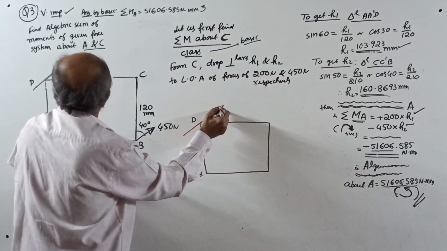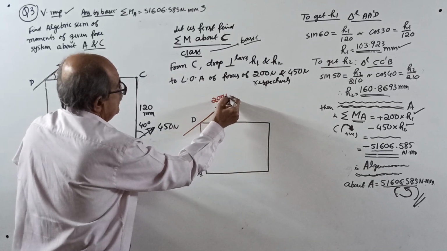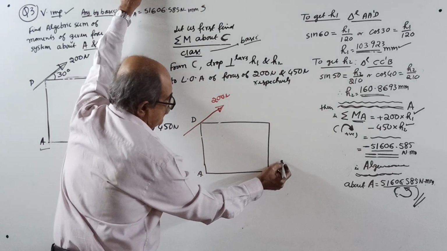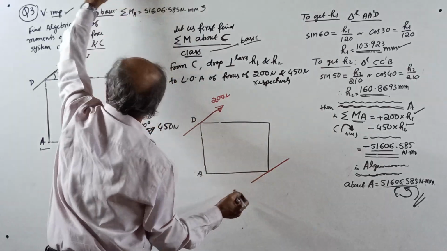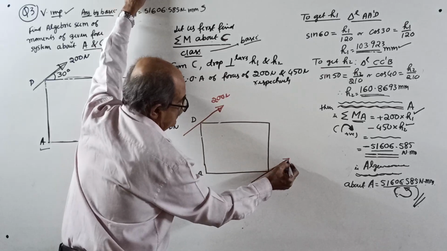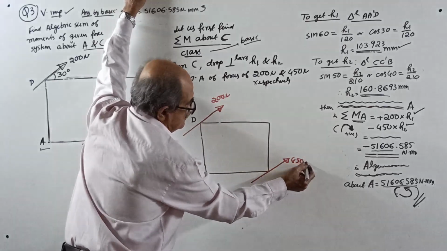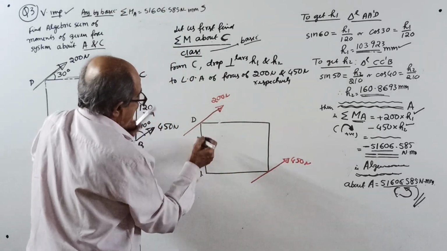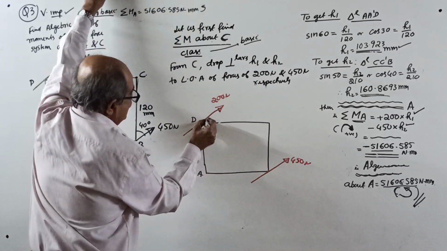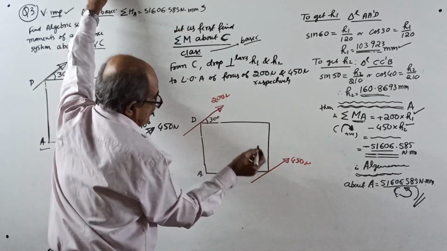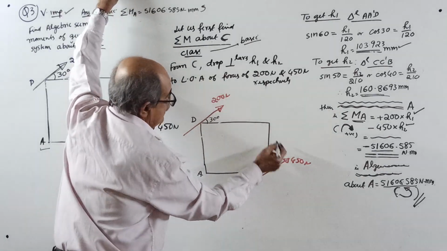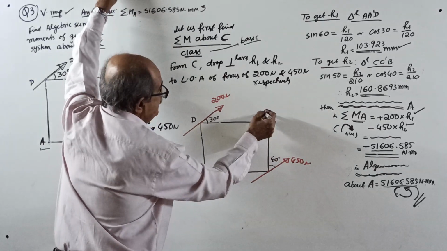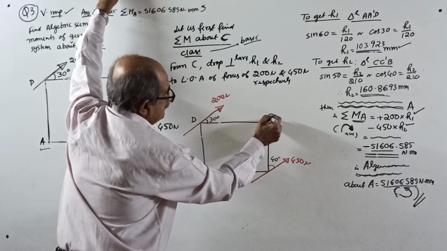The force is 200 Newton. One more force is at a 40 degree angle, yes, 450 Newton. Then this angle is 30 degrees, then this angle is 40 degrees. Our important point is C now.